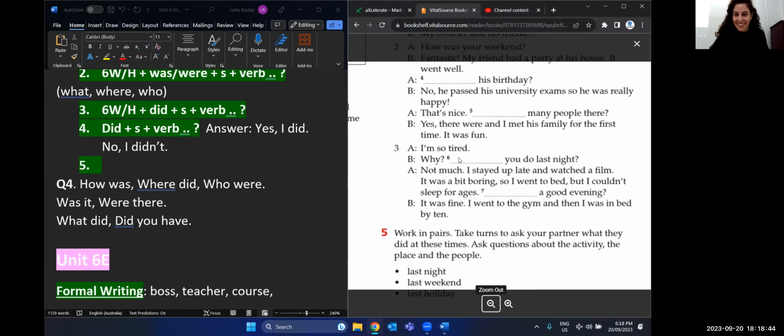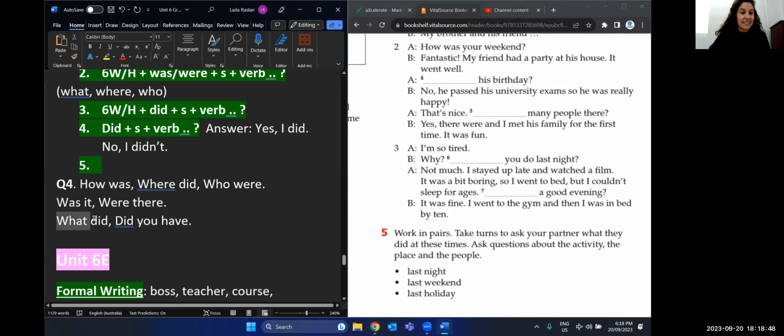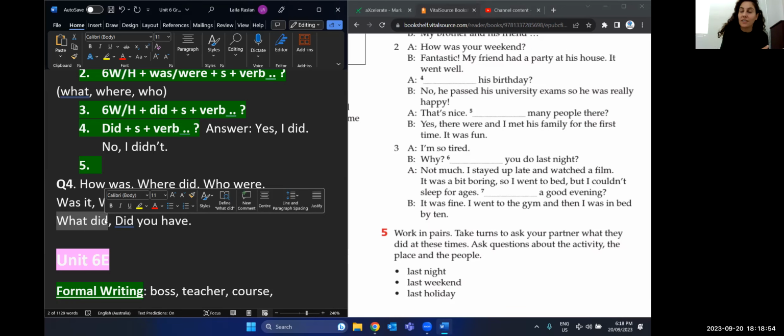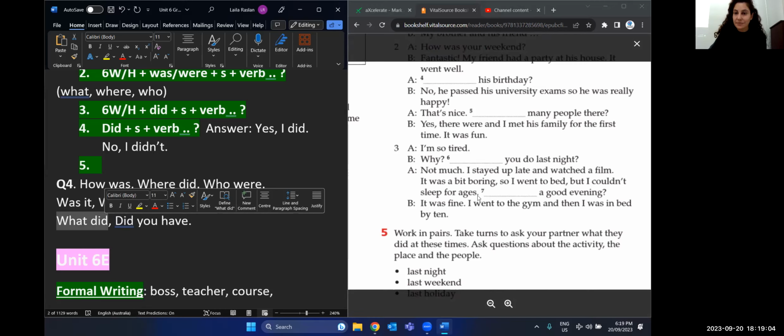And in conversation 3, I'm so tired. Why? What did you do? Because we want to know about the action. When you want to know what action someone did, you say what did you do on the weekend? What did you see in the movie? What did you do last night? Not much.